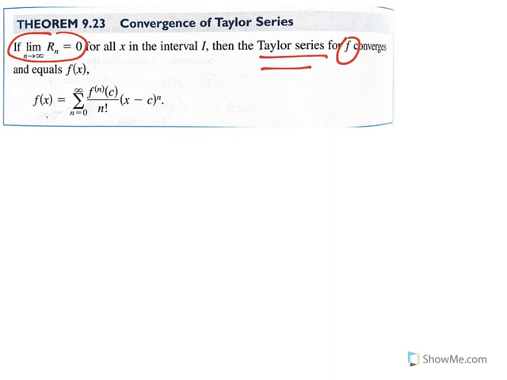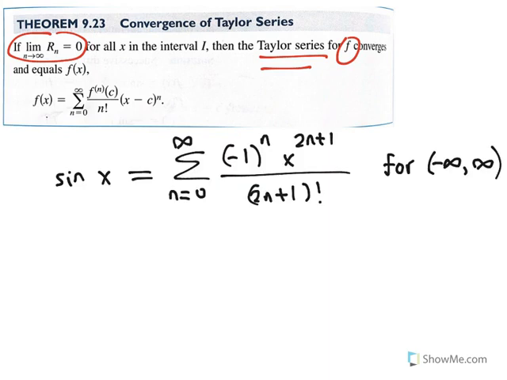In other words, we have just verified using Theorem 9.23 that the Taylor series centered at 0 that we found yesterday will be an exact representation of the function f of x equal to sine x for all x that are real numbers.